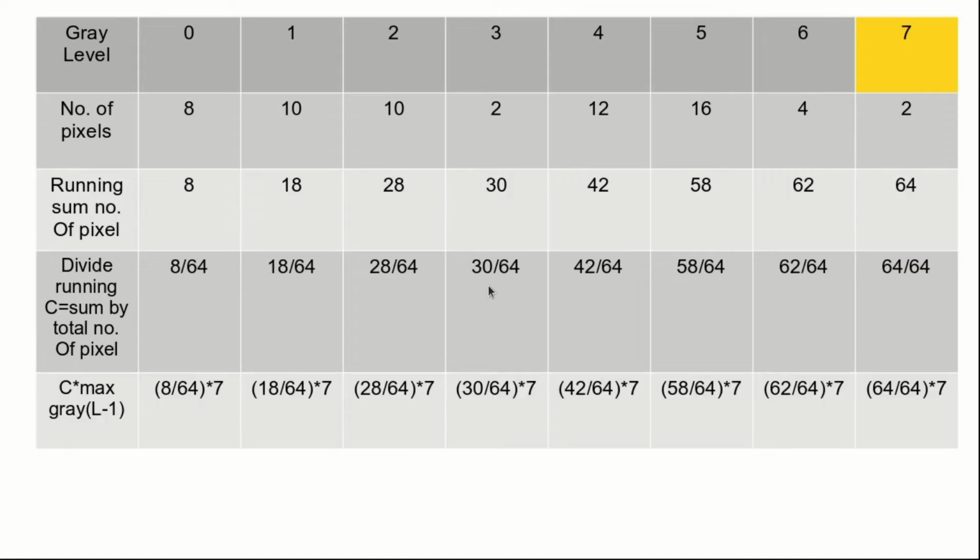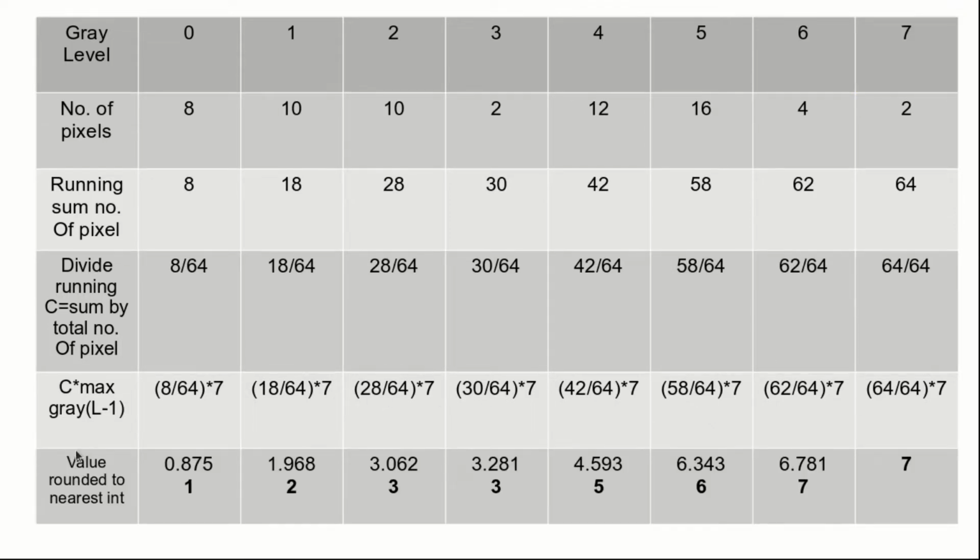The fifth row is C into maximum gray level. This is also the same: take the above row and multiply with 7. Why 7? Because the maximum gray level is 7, right? So you multiply 7 with the previous row, that is 8 divided by 64 into 7, 18 divided by 64 into 7, and so on.